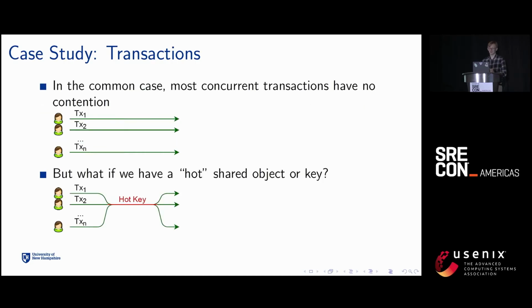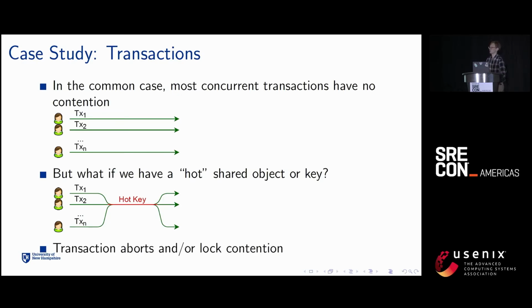But that doesn't work if we have hot objects, hot data. If all of a sudden a good chunk of our transactions now have to depend on a single hot object or some smaller set of hot data, we create contention, and things will start to slow down.